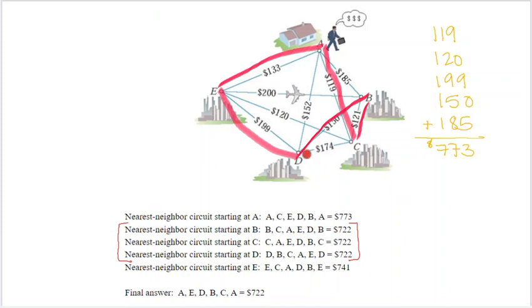And starting at D, D, B, C, A, E, D. That's actually the mirror image of the one that we had, but it's all the same circuit. So we can rewrite this to start at A because that's where Willy lives. He has to start at A. So we can go this direction, A, E, D, B, C, A, and that circuit will cost $722. So that is the repetitive nearest neighbor algorithm.